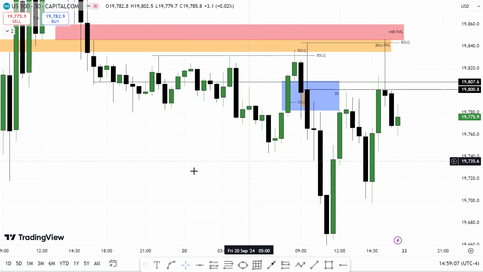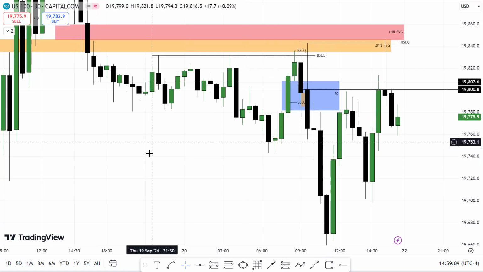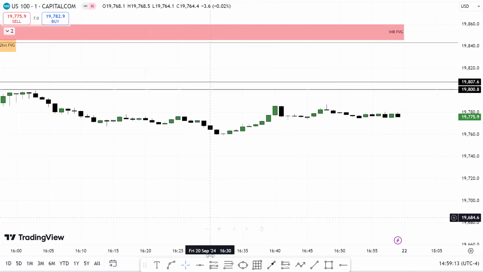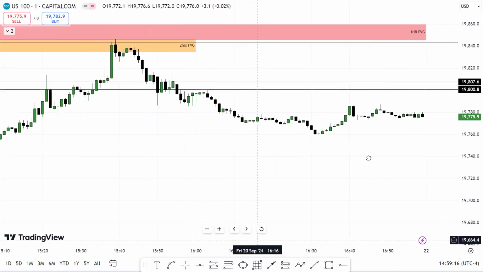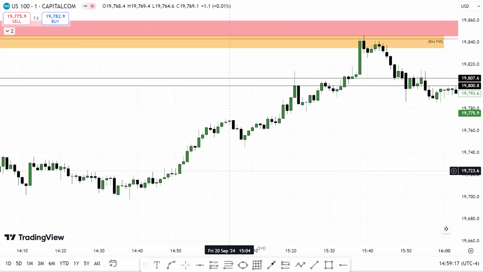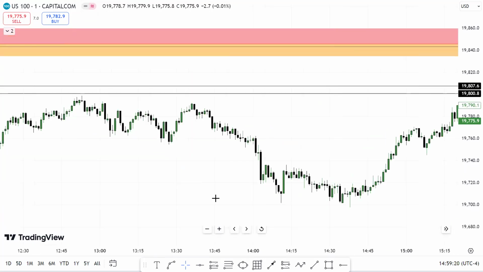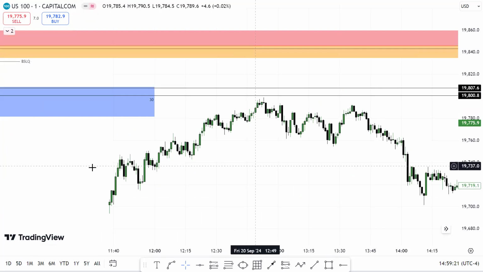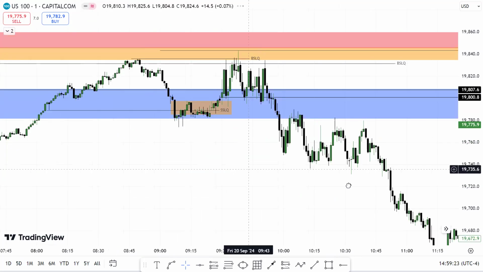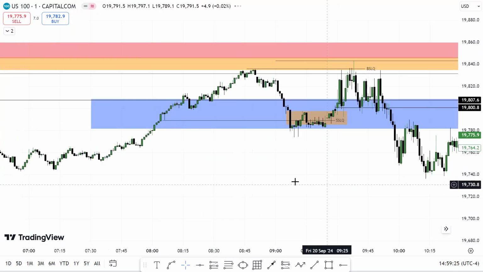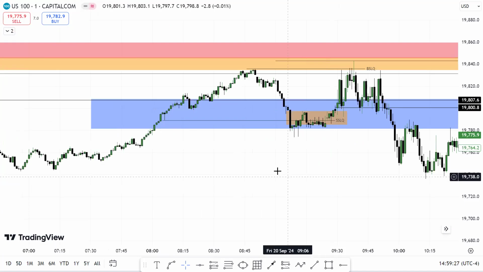And now for the specific model we are studying in the time window. This time window. So we come to our chart by 9 a.m. New York time.